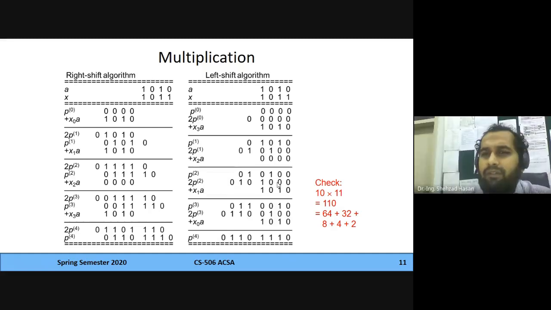Okay, so the operations that we have are shift and adds, right? We say that an algorithm is better than another algorithm if there are fewer shifts or fewer adds. In that case, we could say that this is better. What we see here is we have 1, 2, 3, 4 additions and 4 shifts.